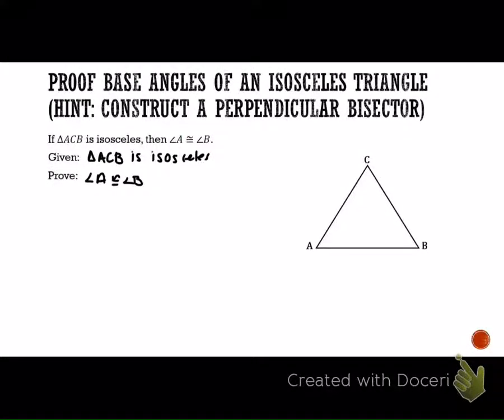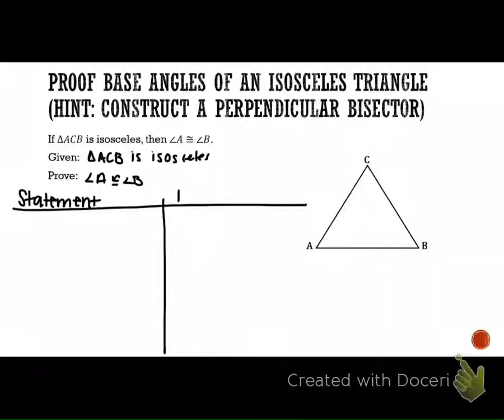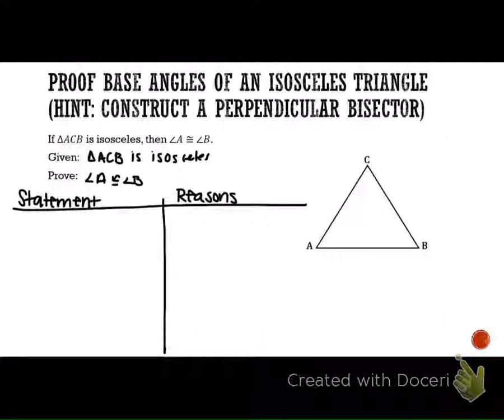So the first thing I'm going to do is make a 2-column proof. I'll do a flow chart on the next one, that way those of you that are in different places and like different things can see both ways. So the first thing I know is triangle ACB is isosceles. What do we know because it's isosceles?